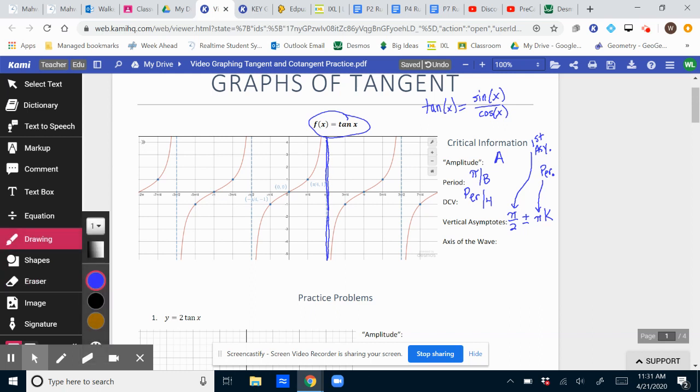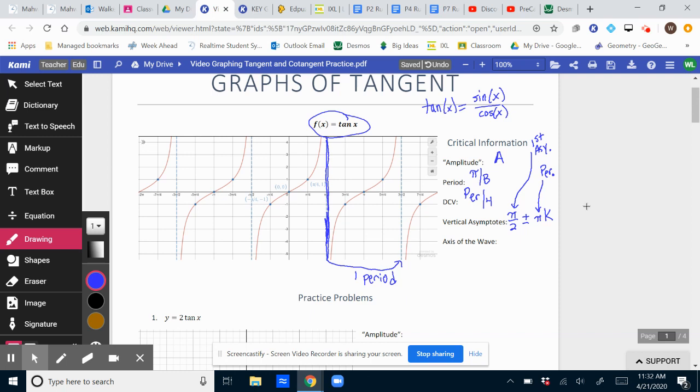So for tangent and cotangent, the period is the distance between asymptotes. If you go from one asymptote to the next, that's one period. So basically, the starting point is pi over 2, or the first asymptote, and then right or left by pi, where k can be any whole number, any multiple of pi.